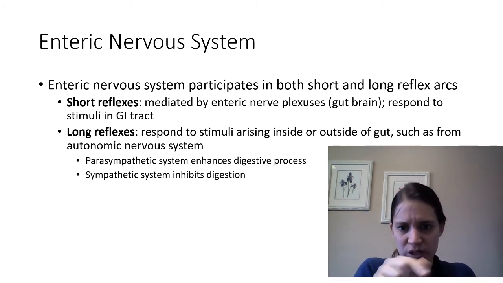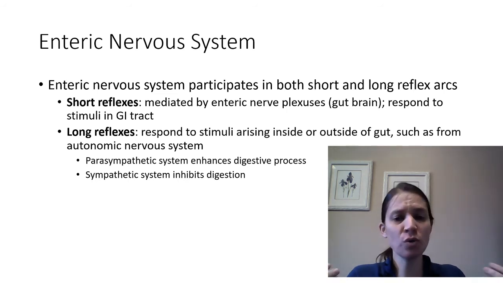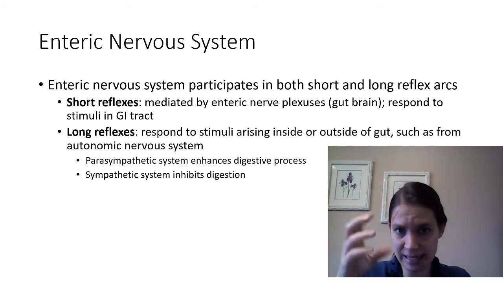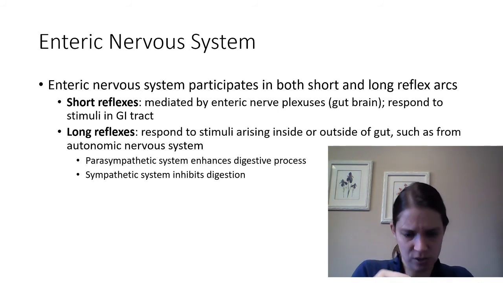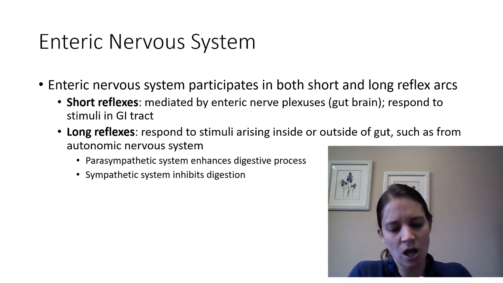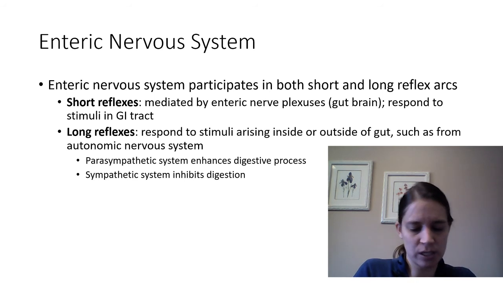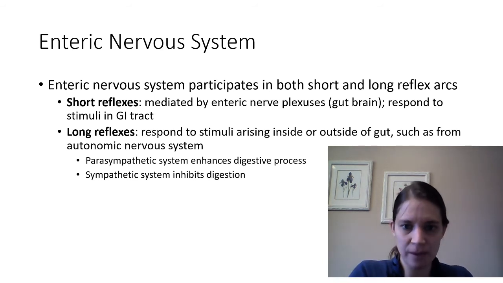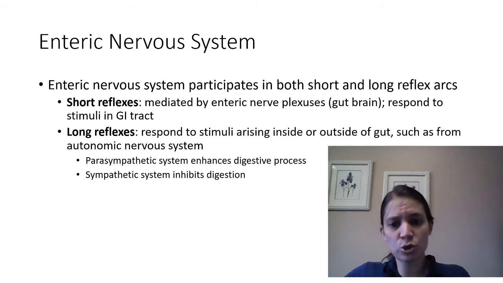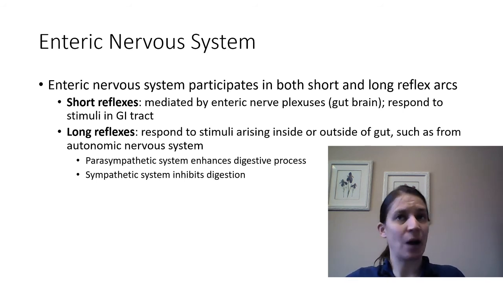The long reflexes can listen to things happening right there, like suddenly more pressure, a lot more lipids, a lot more protein, or the pH changing. Or they can also respond to stimuli that arise outside of the gut.